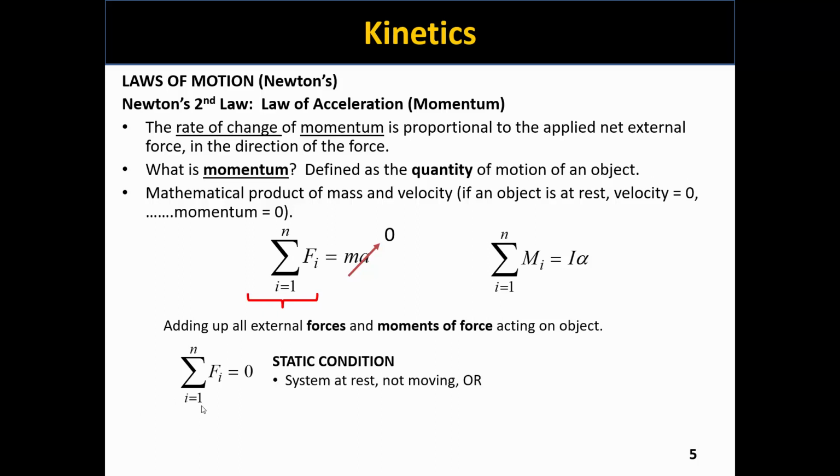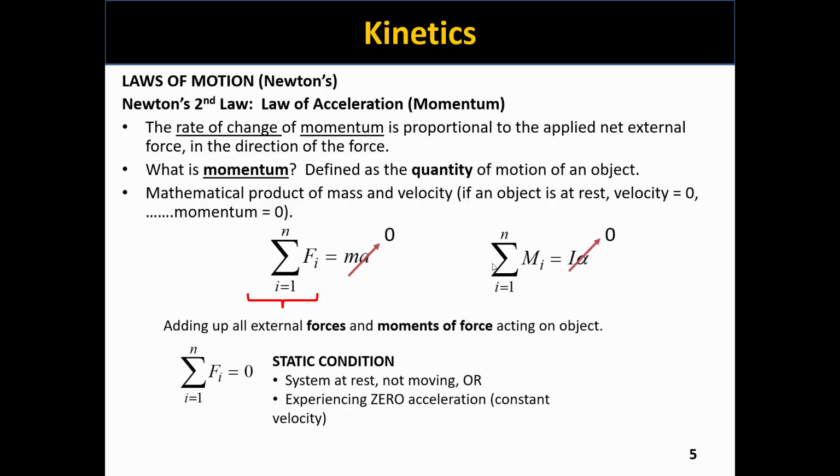And so a static condition is defined by a system that is at rest, so it's not moving, or a system that is experiencing zero acceleration where it has constant velocity. But in our applications, in applying static conditions, we'll always use conditions in a state of rest.